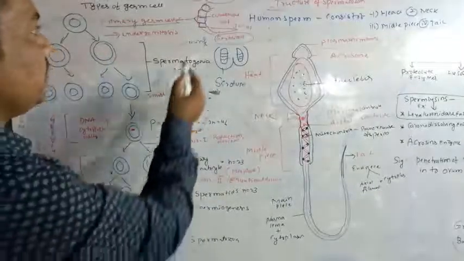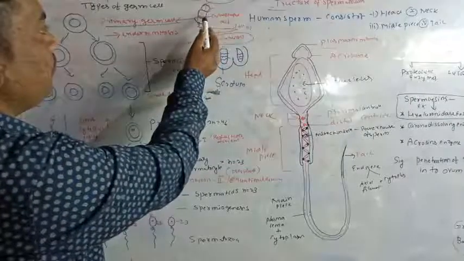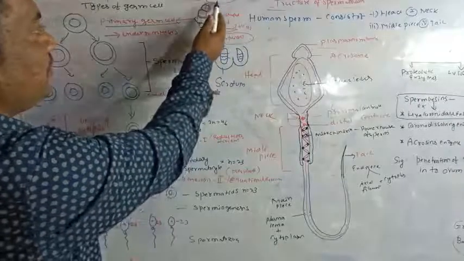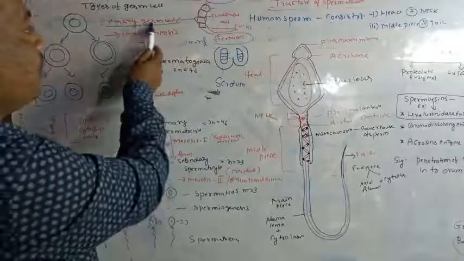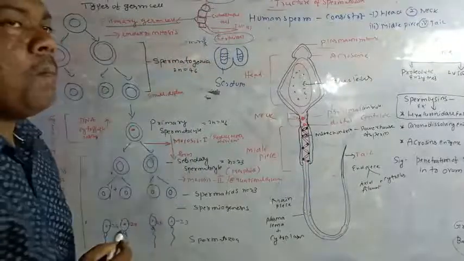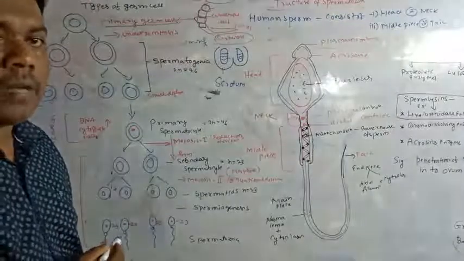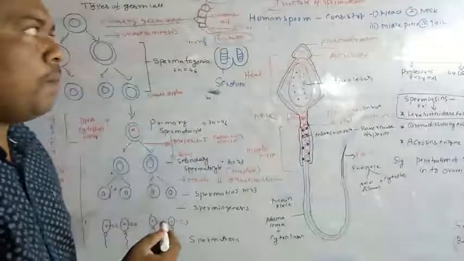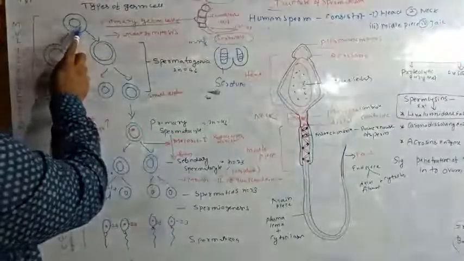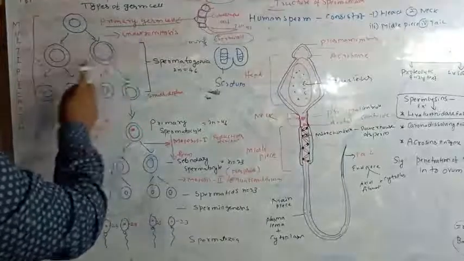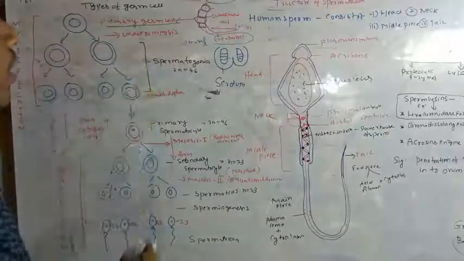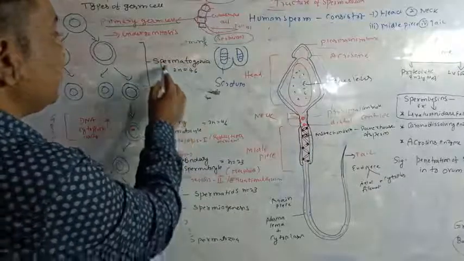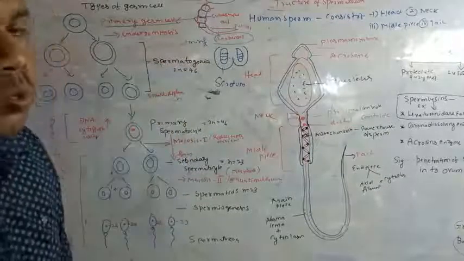Right? Okay, so this is the germinal epithelium. It produces the primary germ cells, and then these primary germ cells undergo mitosis. They produce many small diploid cells known as spermatogonia.